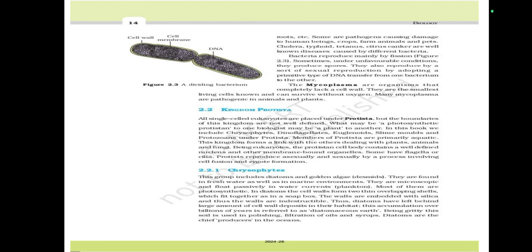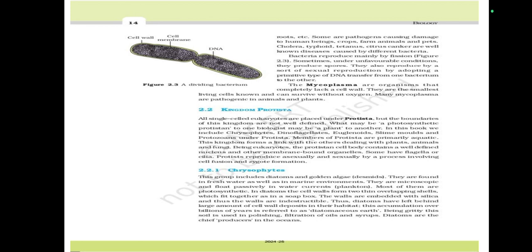Chrysophytes. This group includes diatoms and golden algae (desmids). They are found in freshwater as well as in marine environments. They are microscopic and float passively in water currents (plankton).